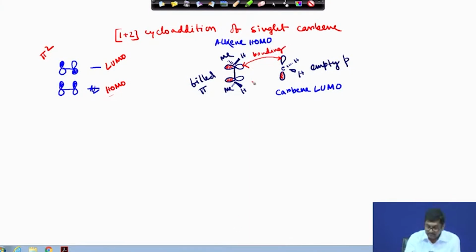But if we want to make it like this, definitely this is not giving bonding interactions, rather this is giving anti-bonding interactions. So, this is the bonding interaction, and this is the anti-bonding interaction.